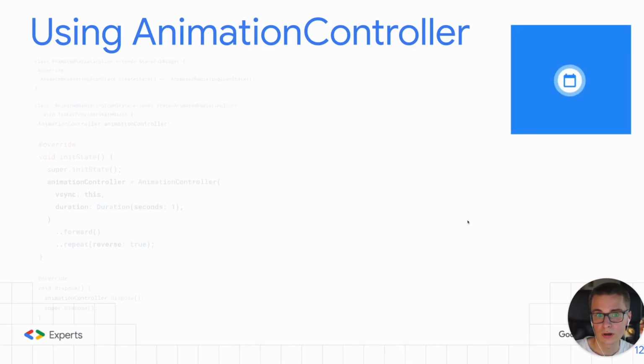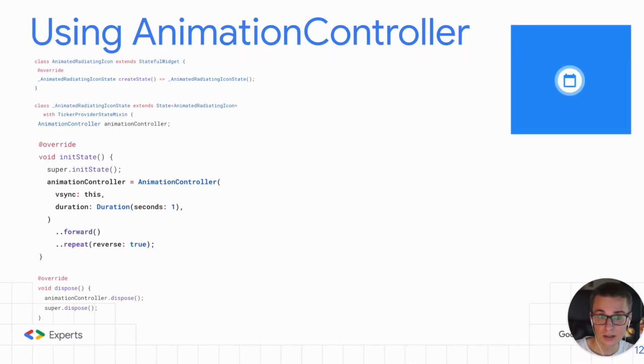So in this case, we just have an icon button in this particular example, and we have a glowing border around it. Whenever you use animation controller, you have to instantiate this and provide something called vsync. And vsync is a way for the animation controller to know when each new frame gets rendered by Flutter engine.